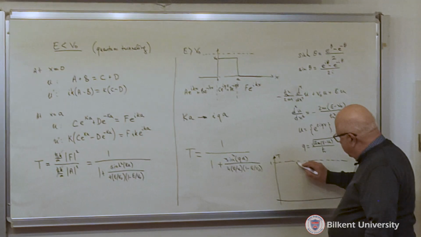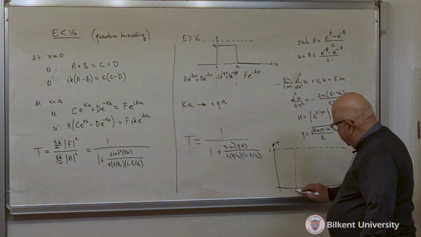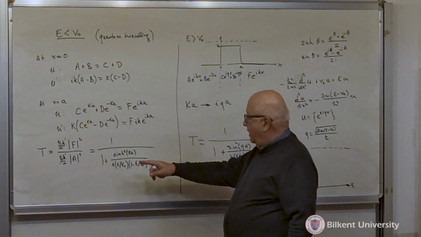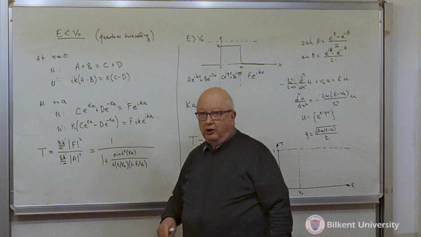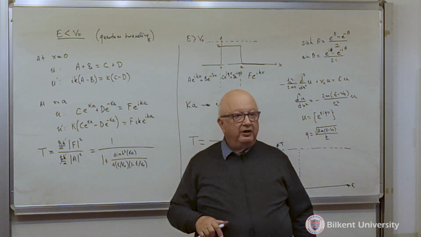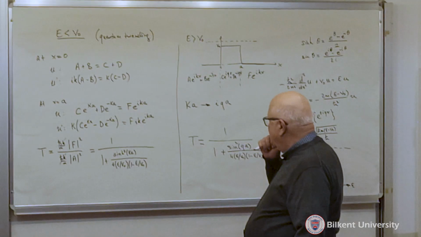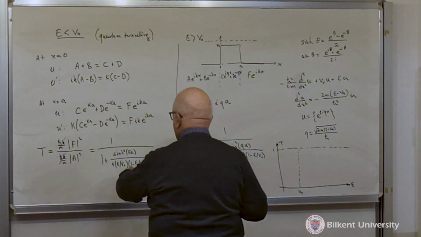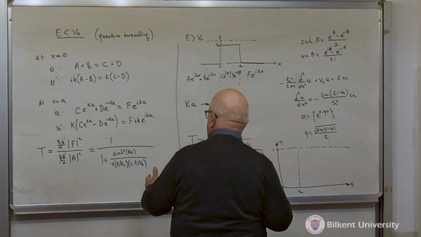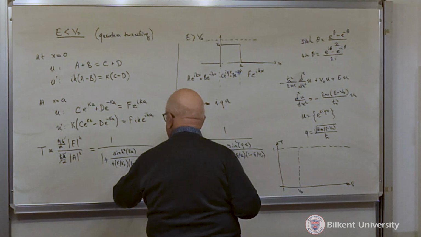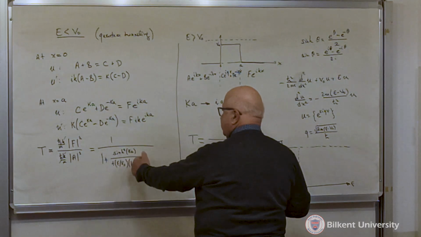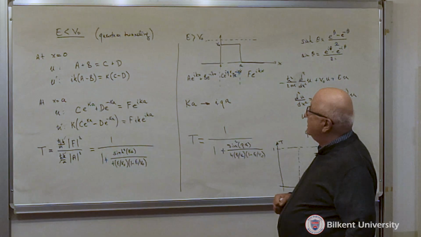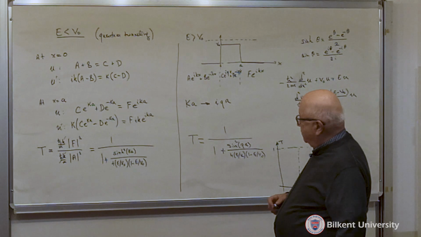For values of energy less than V0, this sine hyperbolic is a monotonically increasing function of k. So what I get here as energy increases is the effect of this term, let me just orient myself.